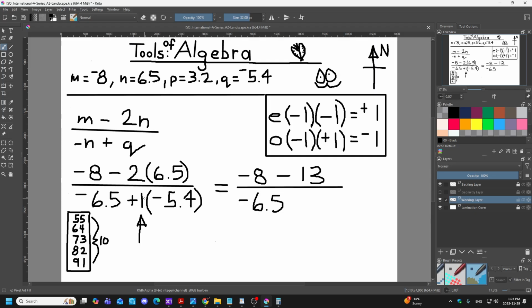What's happening here is positive 1 times a negative 5.4. Math rules, a positive times a negative is going to give us a negative, okay? So I'll leave that there. We're going to end up, the sign changes. 5.4.